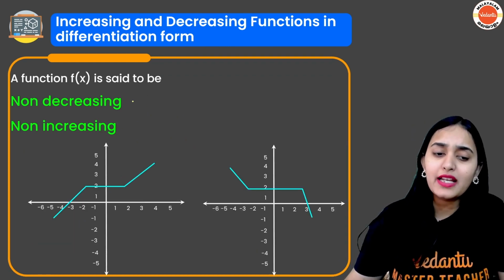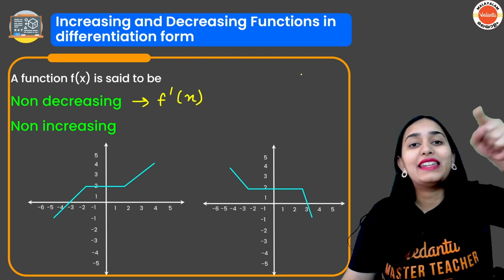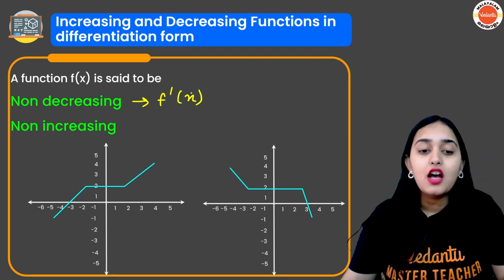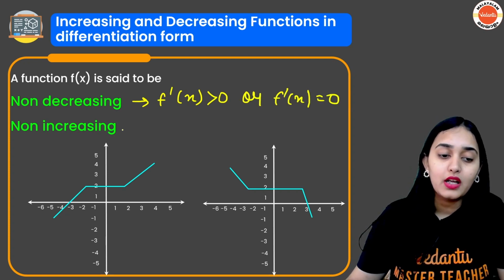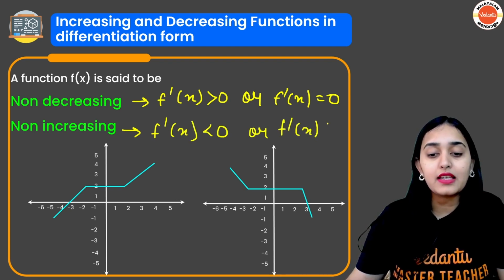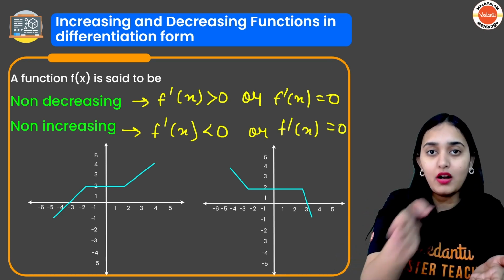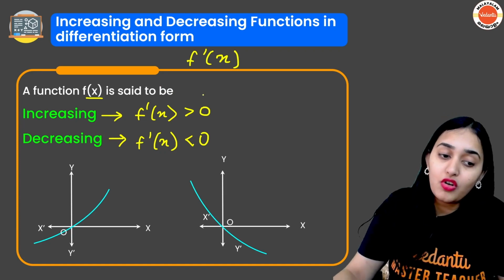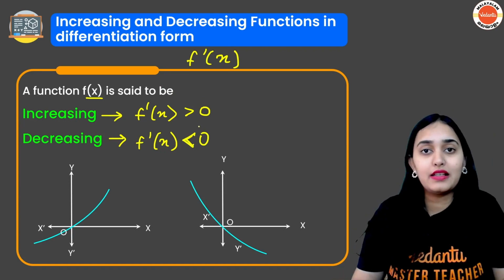It will be non-decreasing if f dash of x, non-decreasing means increasing or constant, so f dash of x is greater than 0 or f dash of x is equal to 0. Non-increasing, f dash of x is less than 0 or f dash of x is equal to 0. Like either this or this happens, then non-decreasing. But if it is strictly less only, then decreasing function.